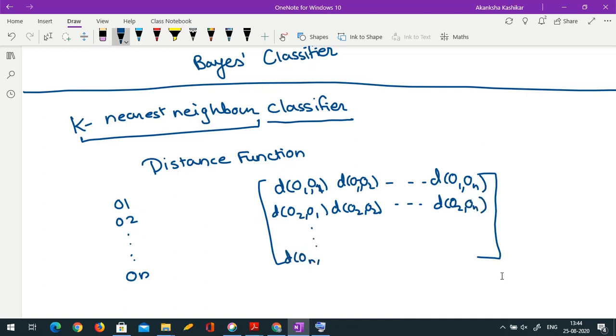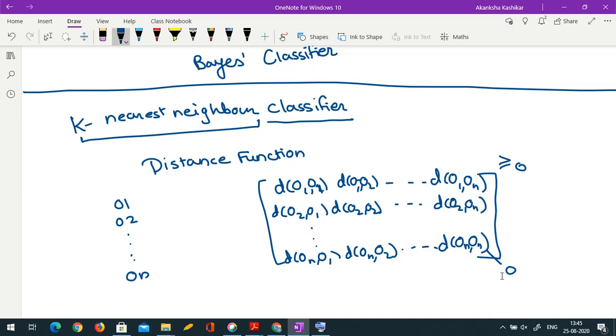The last row would be distance of ON with O1, ON O2 and ON ON. The usual properties of a distance matrix that we saw in cluster analysis would hold. The diagonal entries would always be 0, off diagonal entries have to be greater than or equal to 0, and the matrix has to be symmetric.